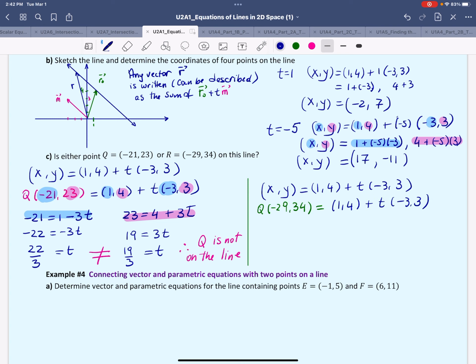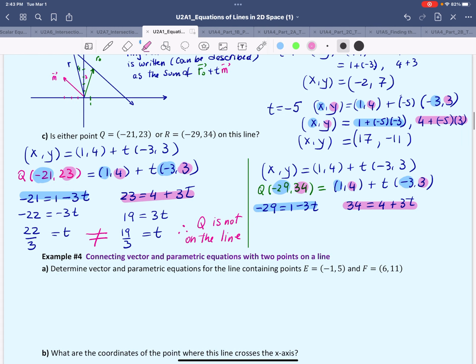Let's create the parametric equations for x and for y. So -29 equals 1 minus 3t, and 34 must equal 4 plus 3t. That's the first and then the second parametric equation.